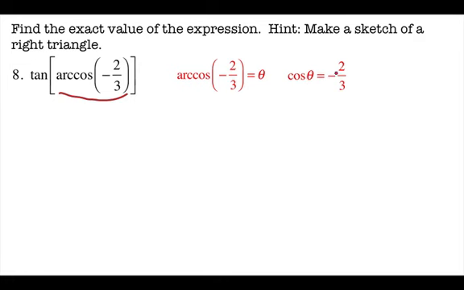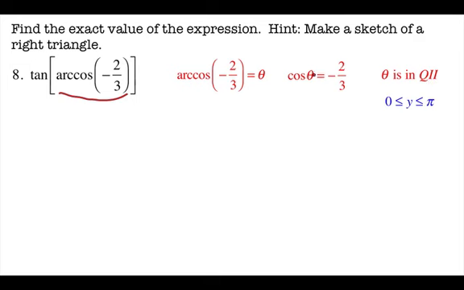Now notice that I have a negative ratio, and I know that for cosine inverse, theta is in quadrant 2. Why? Because cosine inverse is from 0 to pi. Quadrant 1 and quadrant 2, since I have a negative ratio, it has to be in quadrant 2. Cosine is also negative in quadrant 3, but it doesn't follow this restriction that we placed on cosine. That's why we don't say quadrant 3.